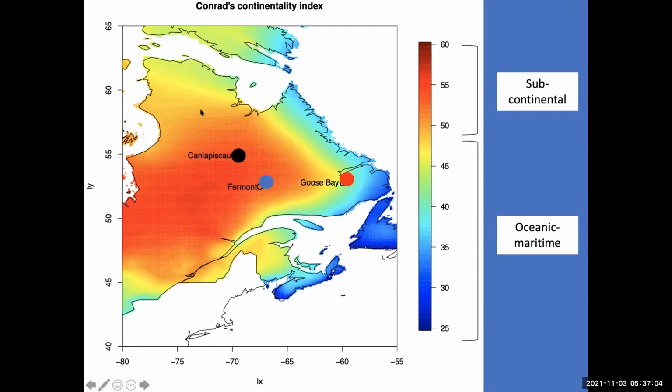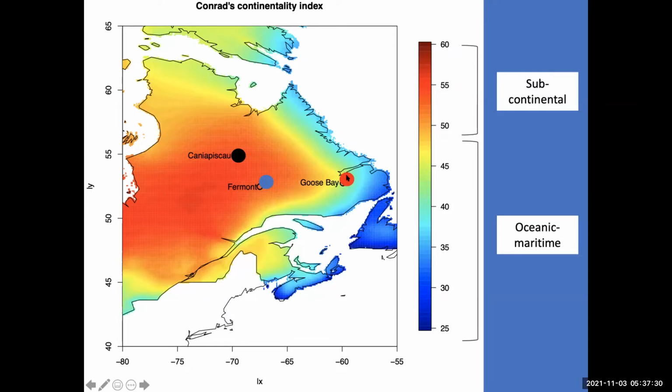So you clearly see that these two sites here, Kaniapiskau and Fairmount, are pretty much continental, actually much more than Goose Bay is. Goose Bay is not a purely maritime site, but it's a clearly ocean-driven maritime forested landscape.